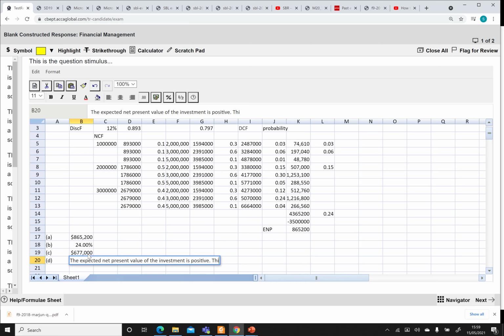This suggests that the proposal is financially viable. Okay.